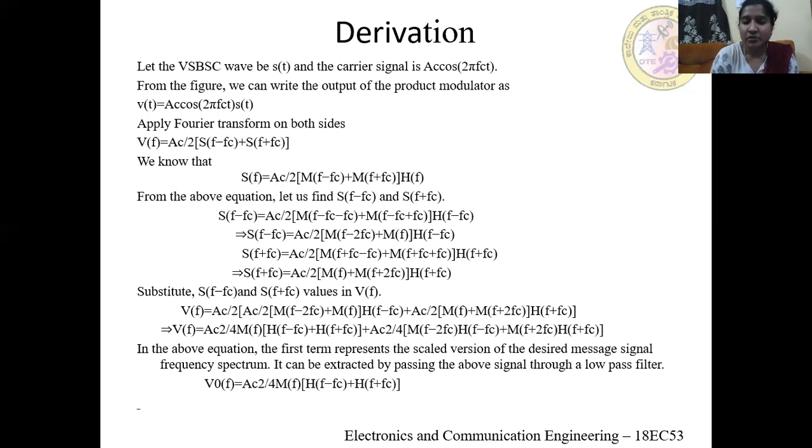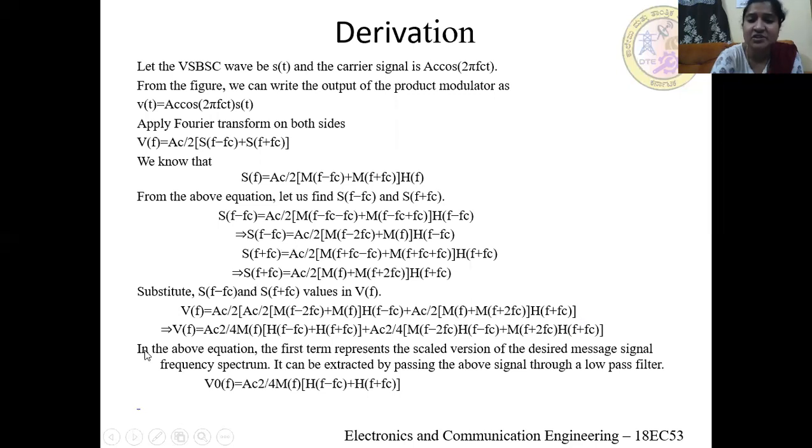Now we have the values for S(f minus fc) and S(f plus fc). So now substitute these two values in V(f). We get V(f) equal to Ac by 2 into Ac by 2 [M(f minus 2fc) plus M(f)] into H(f minus fc) plus Ac by 2 [M(f) plus M(f plus 2fc)] into H(f plus fc).